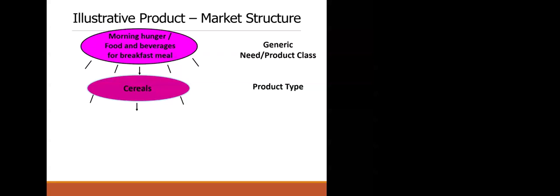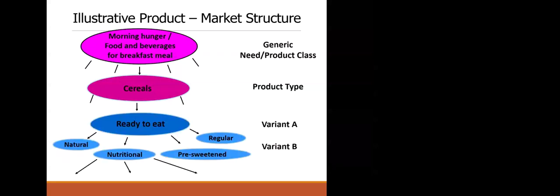So now we're in the cereal product category. That's a product type. And then we have different variants beneath that. So again, cereals, how many different cereals are there? Well, there's the kind in the box. There's ready-to-eat cereals, which are the typical ones that you see. There's probably different types of cereals that you have to do something to. Again, there's ready-to-eat out of a box, like Fruit Loops or Cheerios, right?